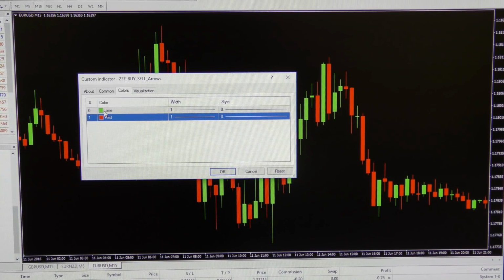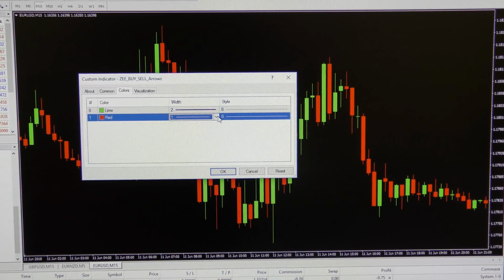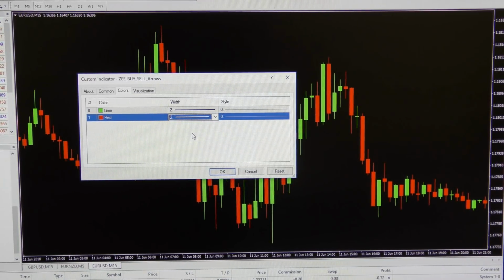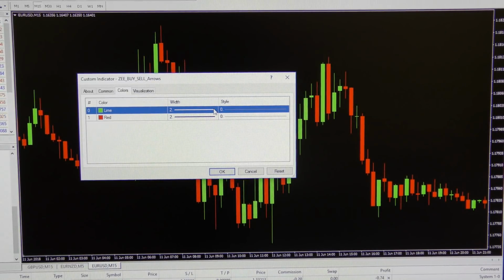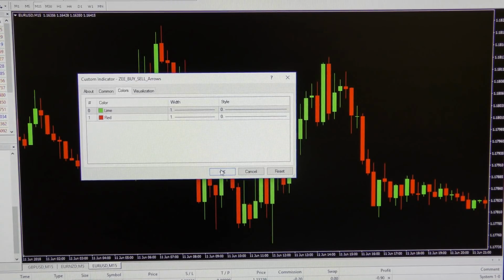Now if you want to make it slightly bigger, you can click here and make it as big as you wish. Those people who have weak eyesight, I would recommend for them to make it bigger. But for the moment, we will go back to the original number one. And then what you do is you click OK.